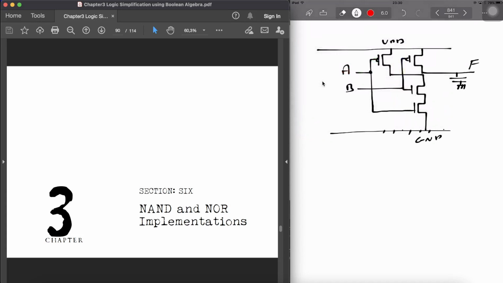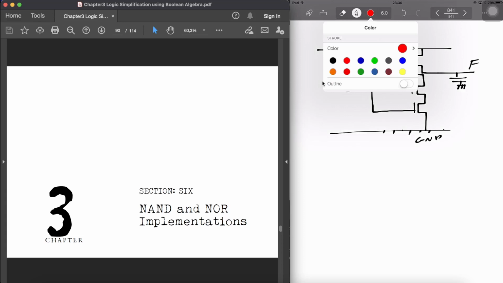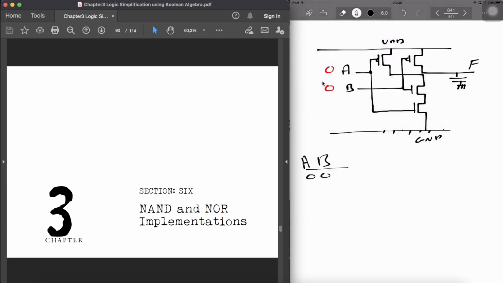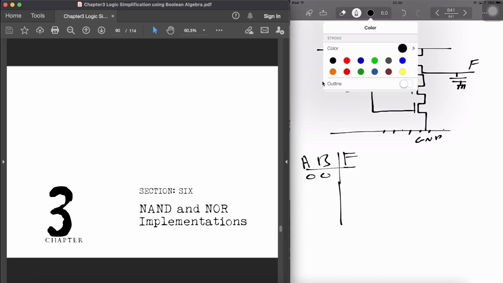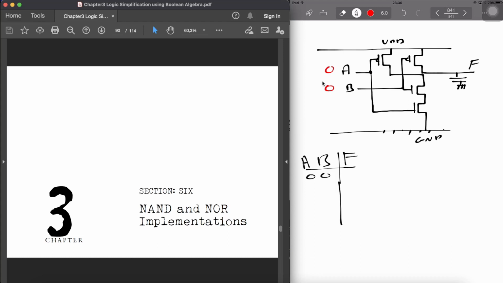When A is 0 and B is 0, the first condition, what will happen to the F? Let's check that out now. So when A is 0 and B is 0, that means the PMOS transistors of A and B are turned on, and the NMOSes are off.